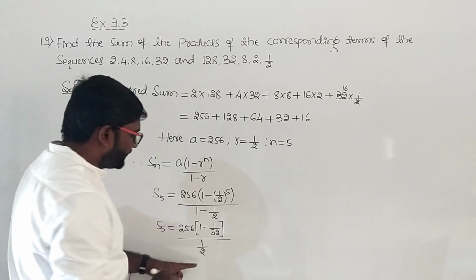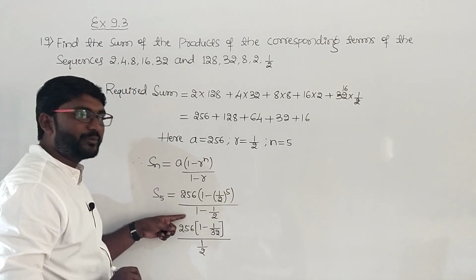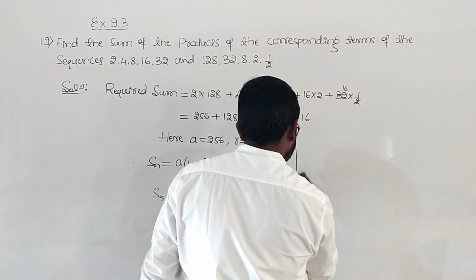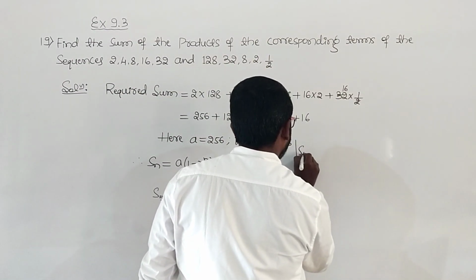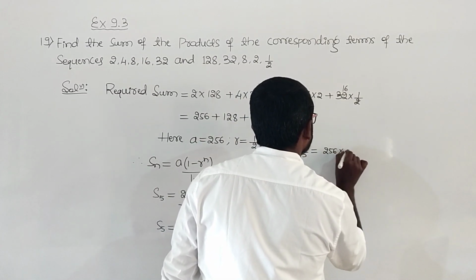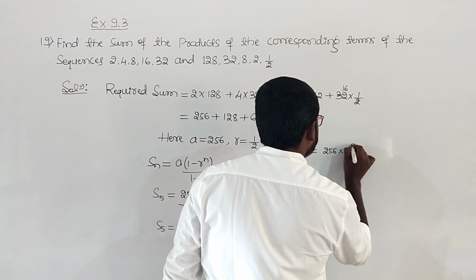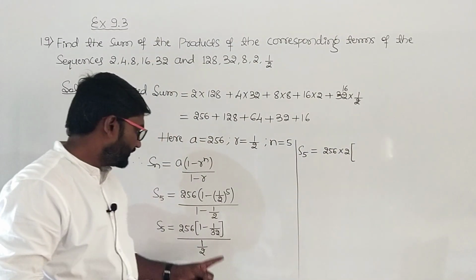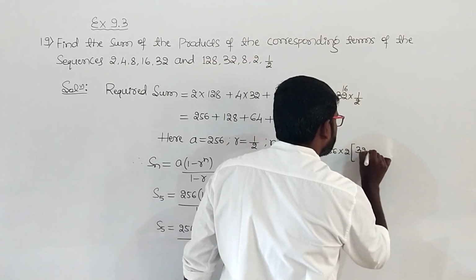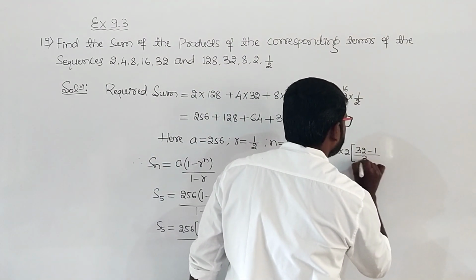So now this 2 goes to the numerator. So here S5 is equal to 256 into 2, inside the bracket take up the LCM now. 32 will be multiplied, you get 32 minus 1 divided by 32.